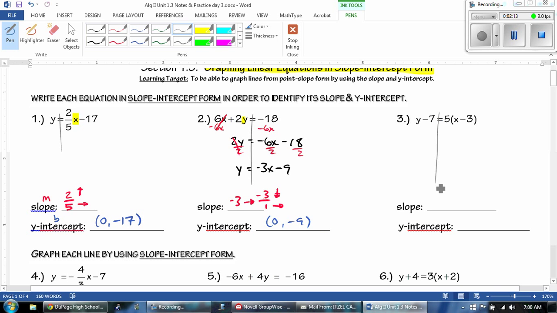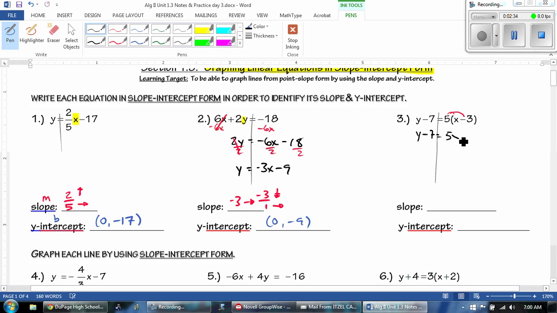Okay, and then 3, this is called point-slope form, where I can see a point and I can see the slope, but we want to put this into slope-intercept. So to do that, I'm going to have to distribute, okay? So y minus 7 stays over here.